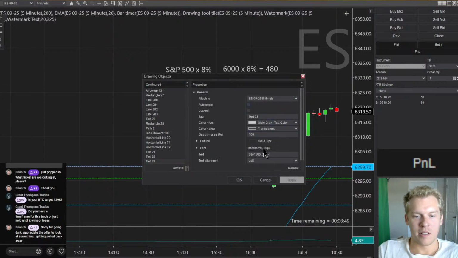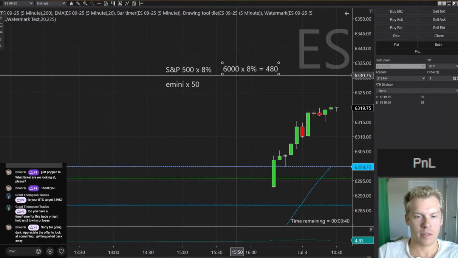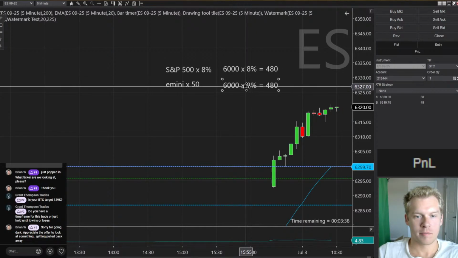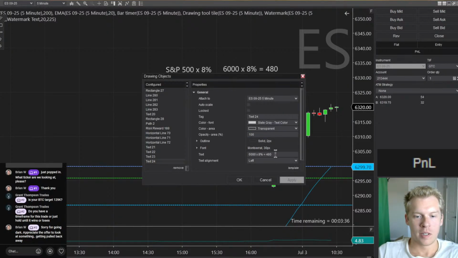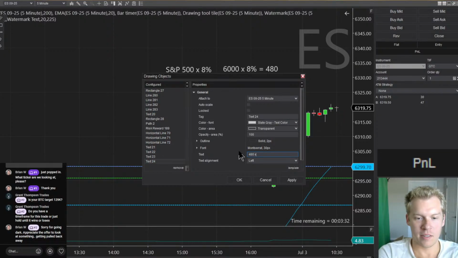The mini is leveraged by 50. So that 480 point gain, if you buy one E-mini contract, you actually multiply it by 50.